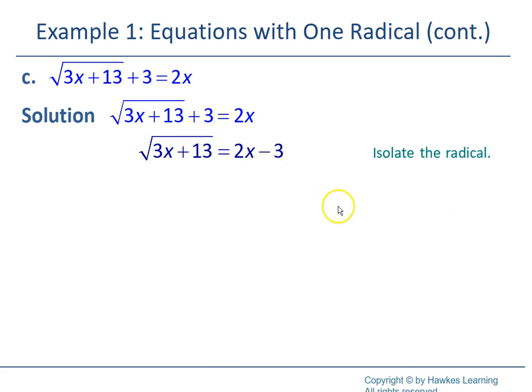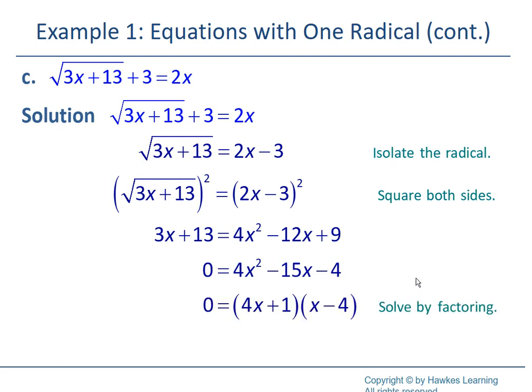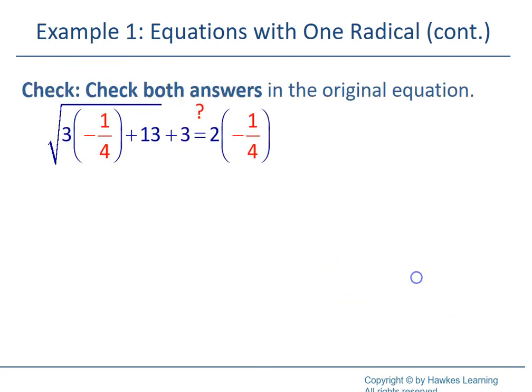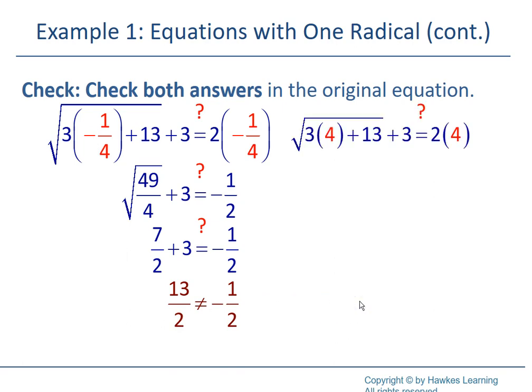So they're transposing, they're squaring both sides, they're bringing it all over to this side, they're factoring, and these are the answers they're getting. So when they check them, and that's the tedious part here, they find that one of the answers doesn't work. But how about the 4? So the 1/4 didn't work.